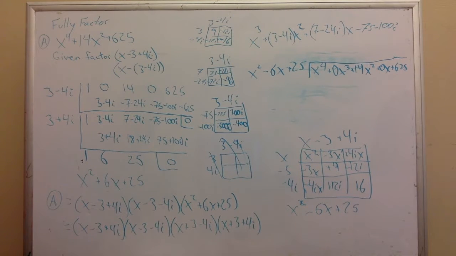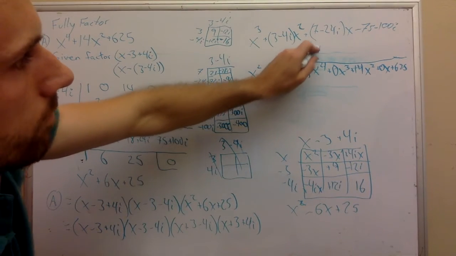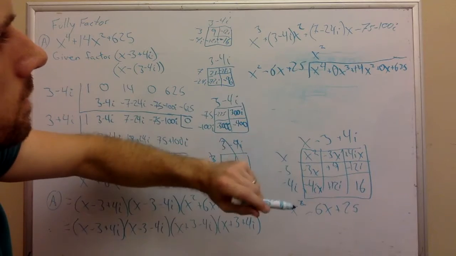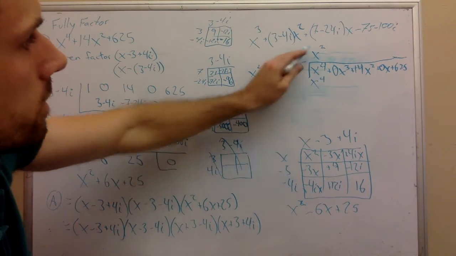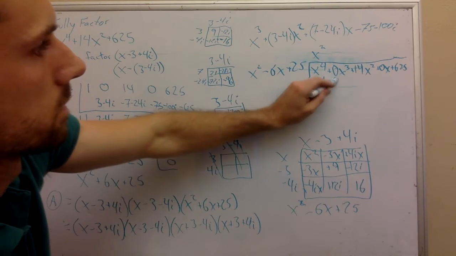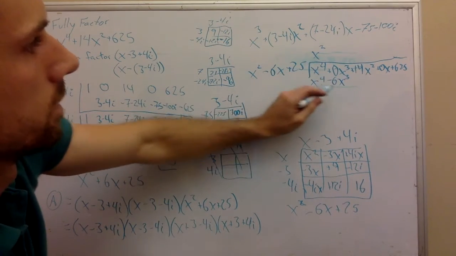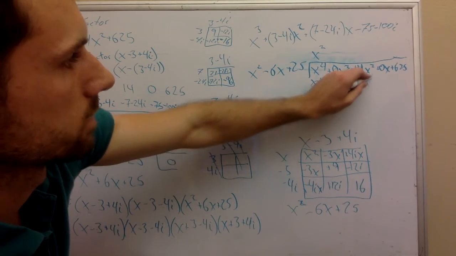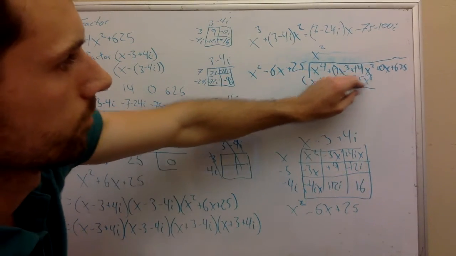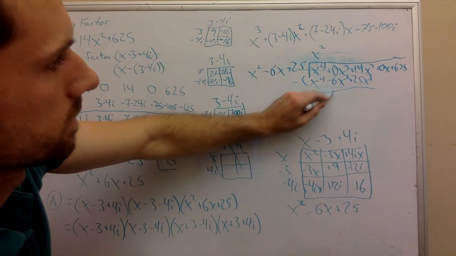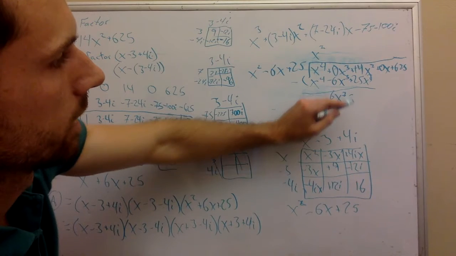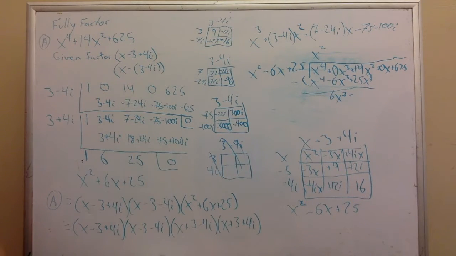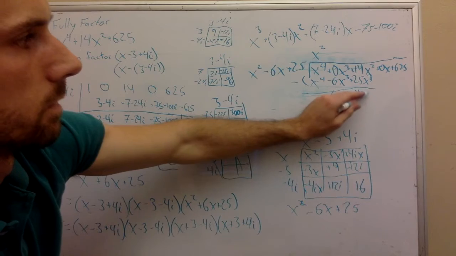All right. So you can see I need an x squared. So I do that, x squared, x to the 4th, minus 6x to the 3rd, plus 25x squared. And I subtract that. Those are gone. I get 6x cubed minus, is that 11x squared?